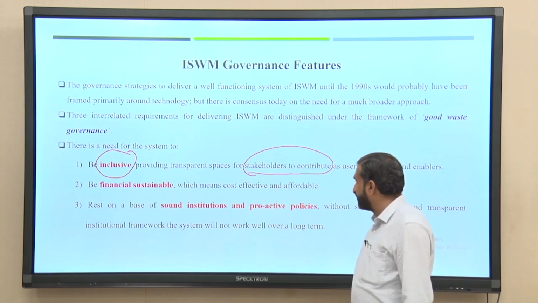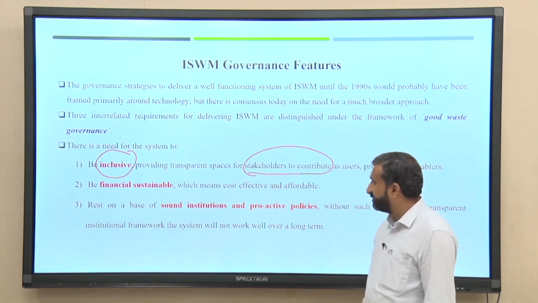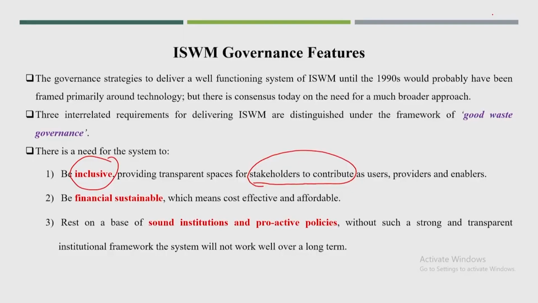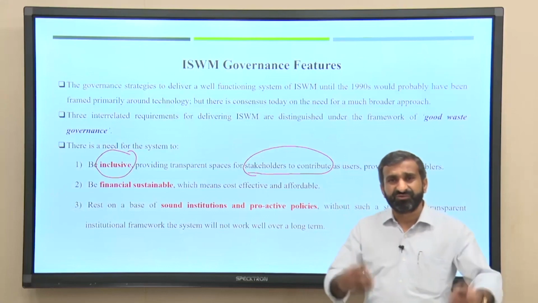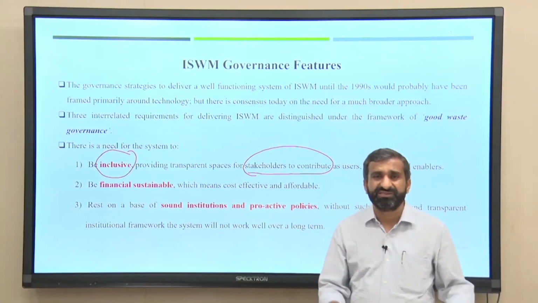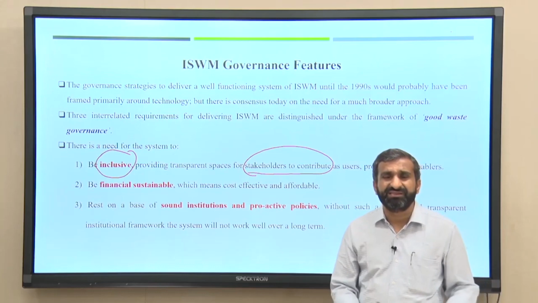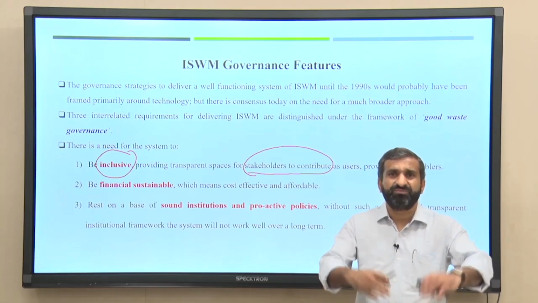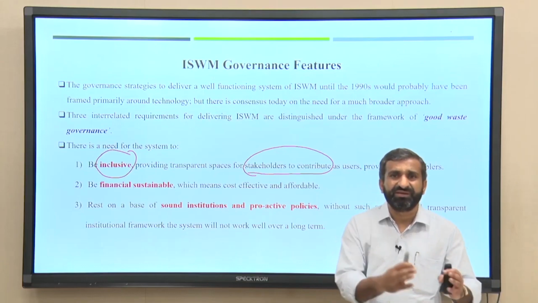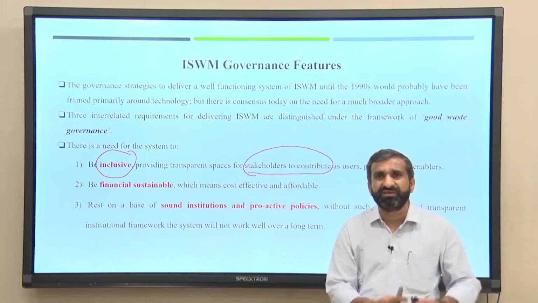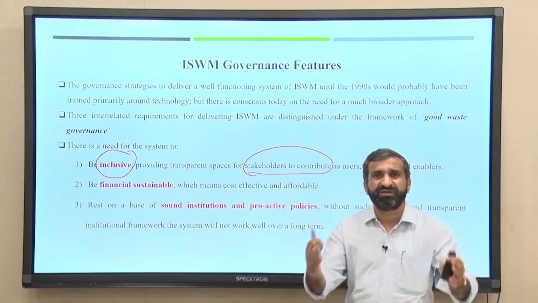Next is sound institutions and proactive policy. This is another very important governance feature. In India, normally we do not have sound institutions. We have the Swachh Bharat Mission started by ministries, but these ministries are working for the total environment. The rules are made by one special ministry called the Ministry of Environment.